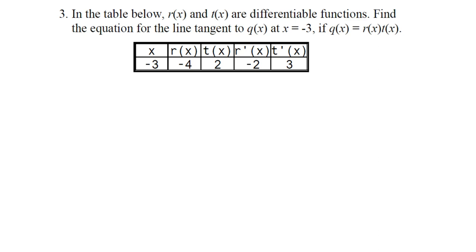Okay, for 3, in the table below, r of x and t of x are differentiable functions. Find the equation for the line tangent to q of x at x equals -3 if q of x is the product of r of x and t of x. So again, we're going to call r of x u and t of x v.